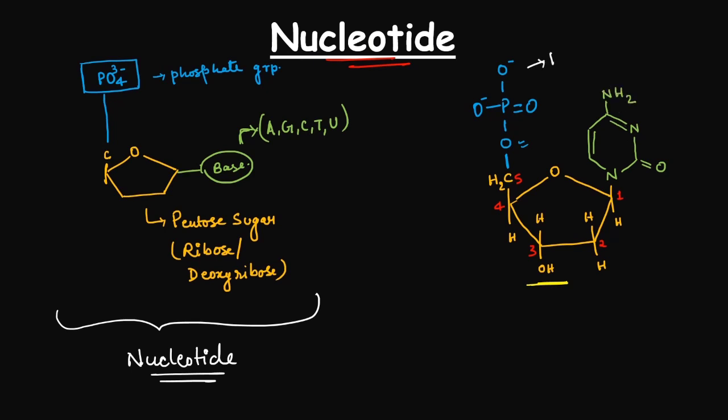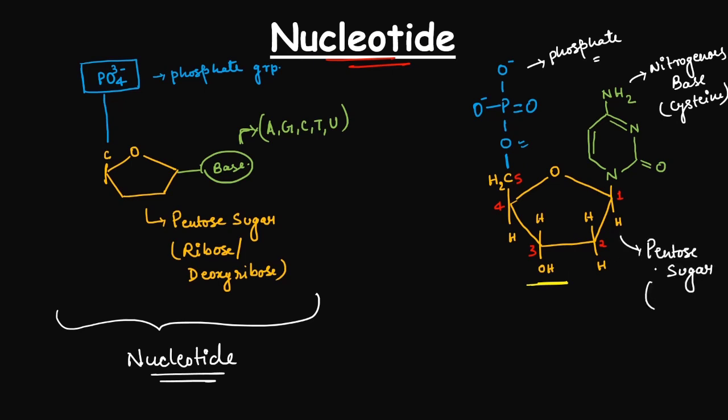So this is our phosphate group. This is the nitrogenous base, which is cytosine. And this is the pentose sugar. And here we have drawn deoxyribose. And this is known as a nucleotide.